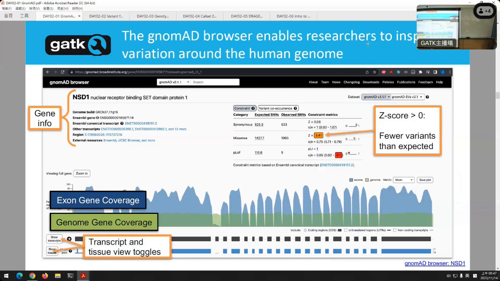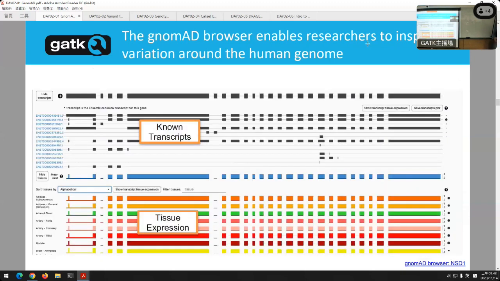Way down at the bottom, there are these little toggles that say show transcripts and show tissues. So if we click on those, then we get this expanded view where we can see all of the known annotated transcripts that have been observed for NSD1 on top. And then we can see our per base expression levels, but broken down by each tissue.